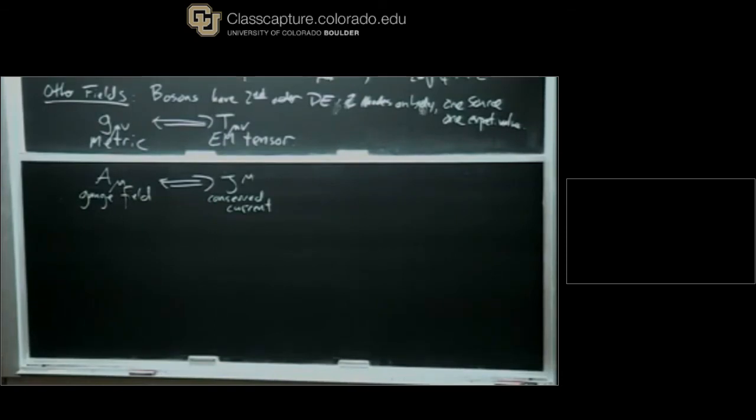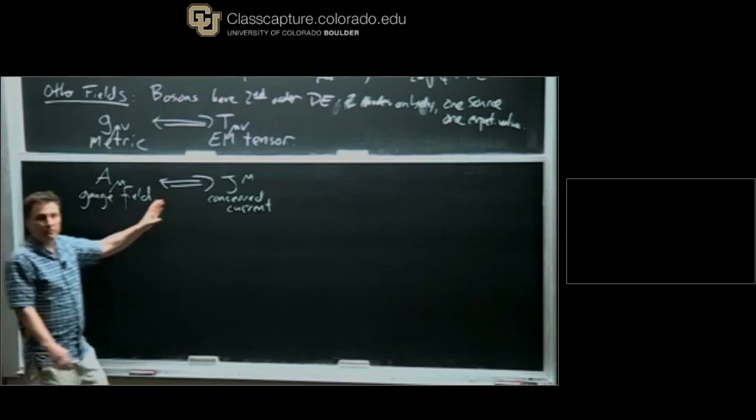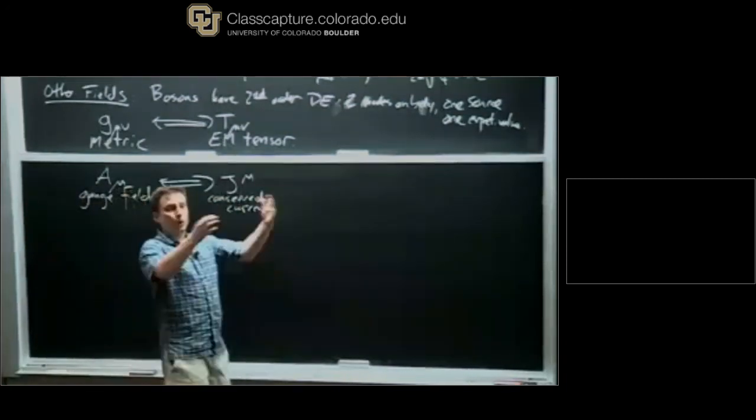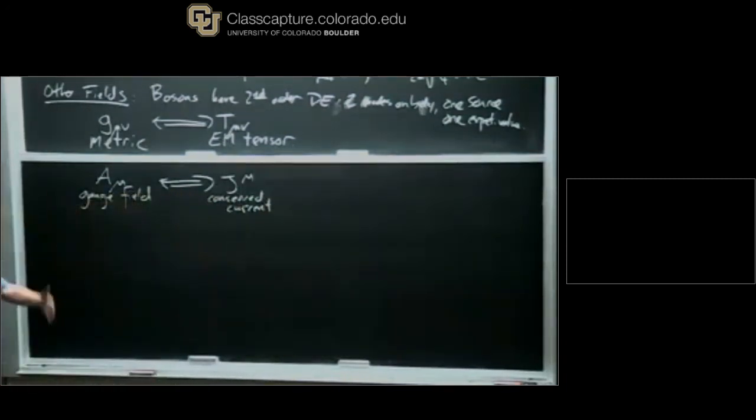Again, this correspondence makes sense. Certain modes near the boundary of this gauge field will be the source for the conserved current. And when we write down a source for a conserved current, we think of it as an external, background gauge field. So again, it makes sense that these would correspond to each other.